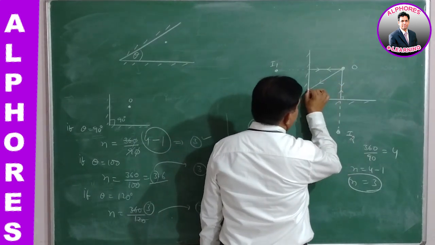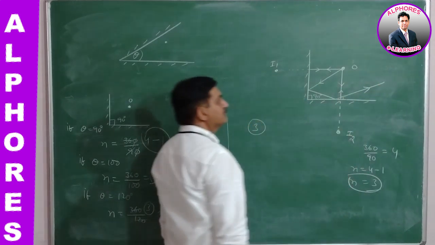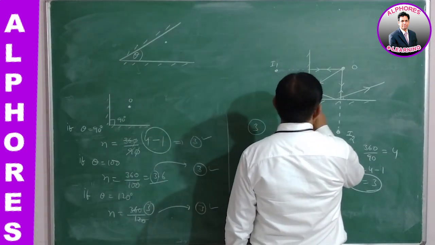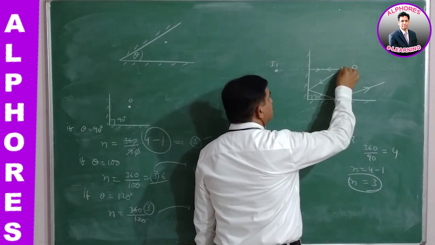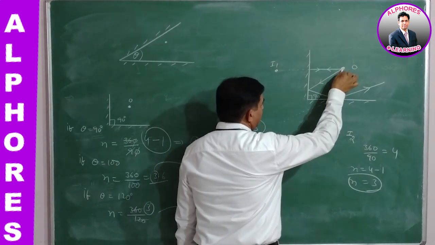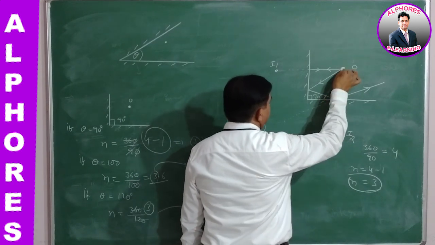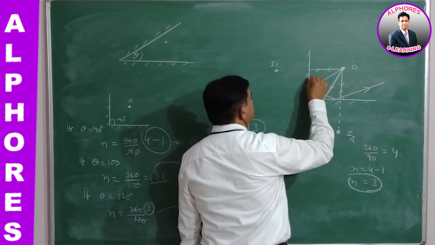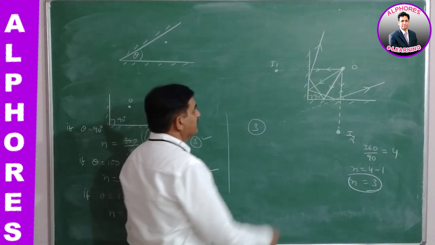One more ray is considered over here which undergoes reflection, and by multiple reflections it is extended. Similarly, from this object to the second mirror, one more ray is considered, which undergoes multiple reflections and again is extended.